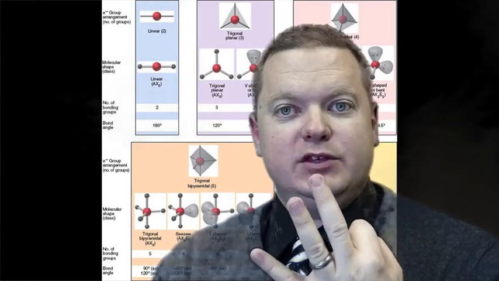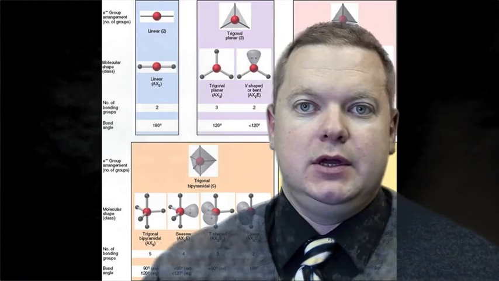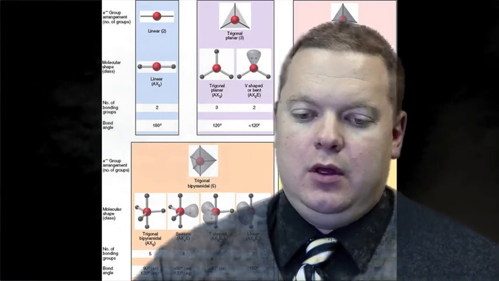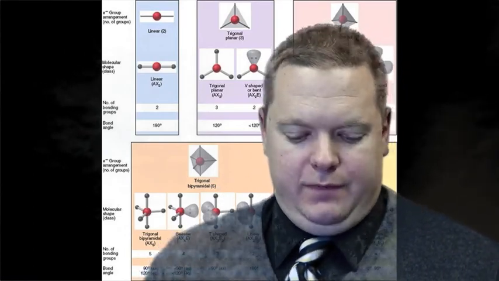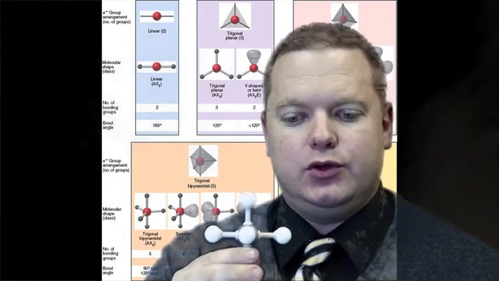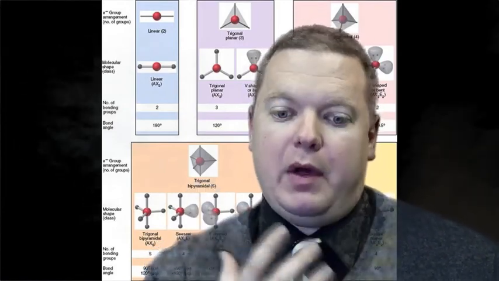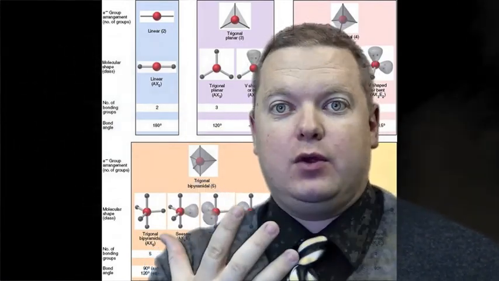So if we have 3 things bound to it, we call that trigonal planar. 4 things, tetrahedron. 5 things, trigonal bipyramidal. And 6 things, octahedral. So this base set, where we have no lone pairs and all bonded atoms, is one of those 5 categories.